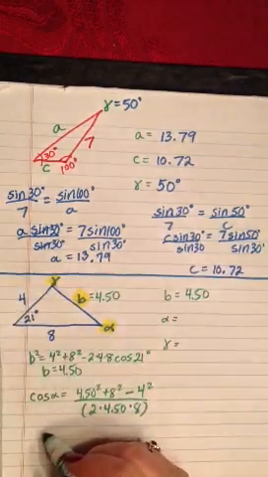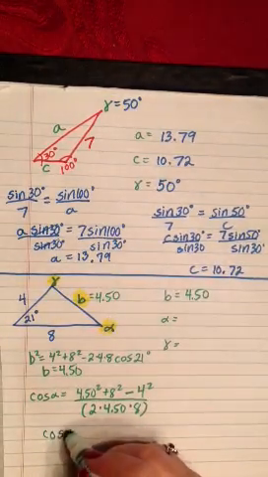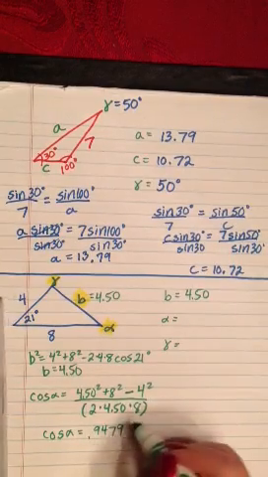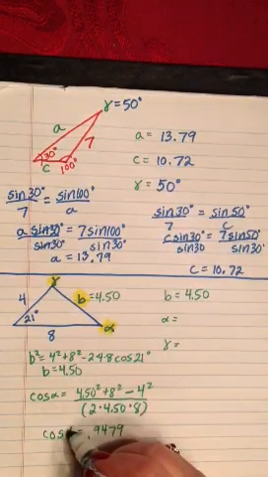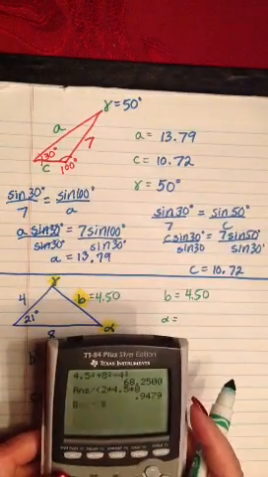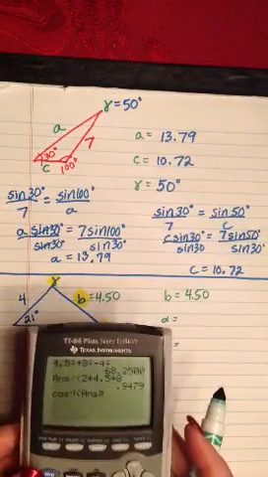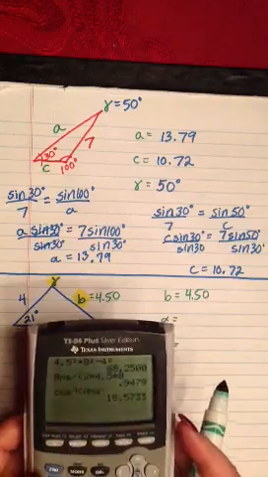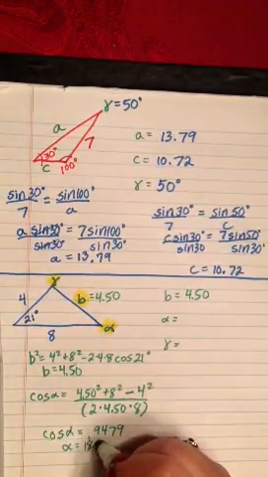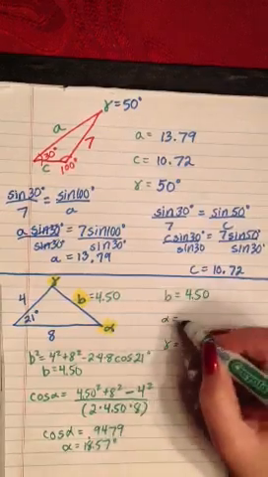So this really gives me that the cosine of alpha is equal to 0.9479. It's not alpha though, it's just what the cosine of alpha is. So to figure out alpha, I go second cosine, second answer, and I get 18.57 degrees. So alpha is 18.57 degrees.